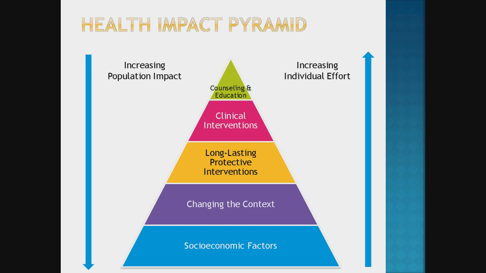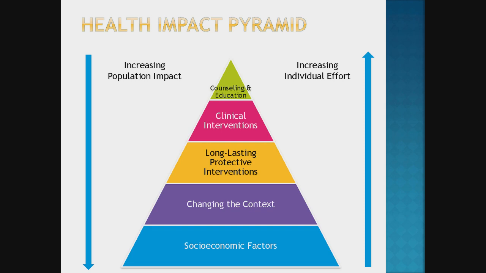So again, if you joined us the first time, this should be familiar, but this is the health impact pyramid. The health impact pyramid visually depicts the impact of different types of public health interventions. At the top of the pyramid is where you have the greatest impact on individual health.